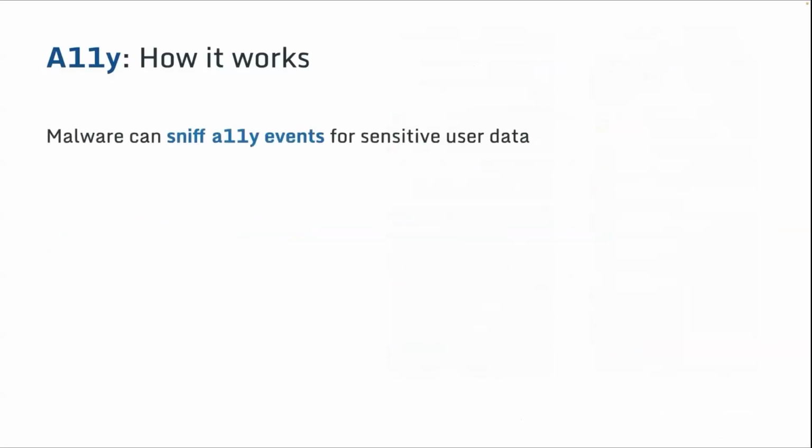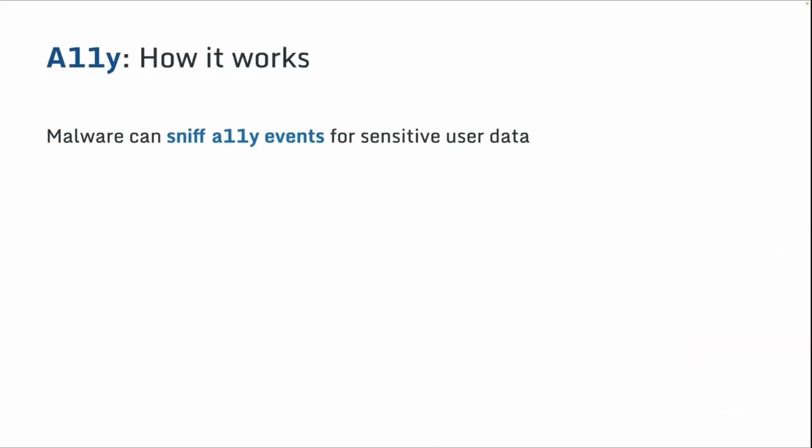Okay, so we have seen some protective actions that malware does when it gets accessibility capabilities, but let's see now how the attacks can be built by using these capabilities, the offensive side of this.